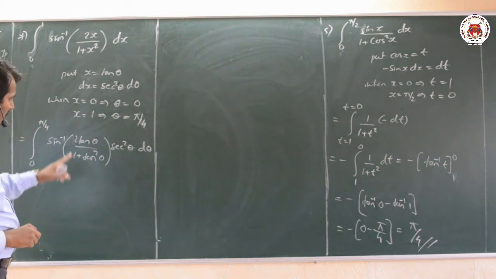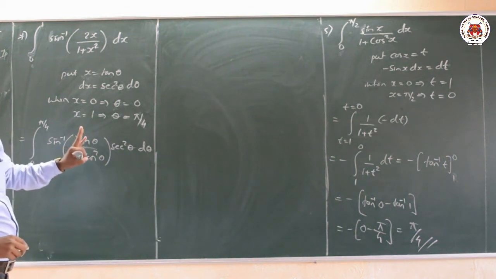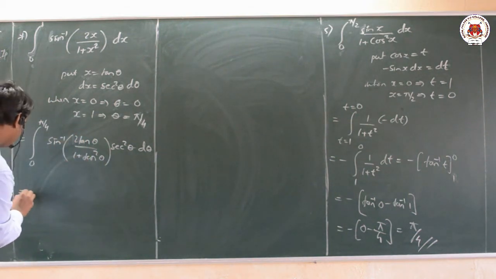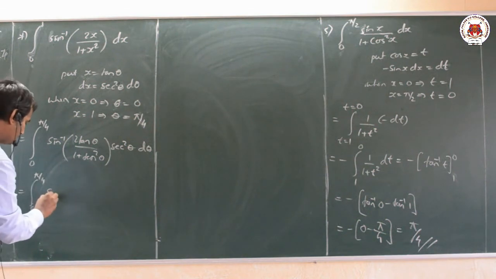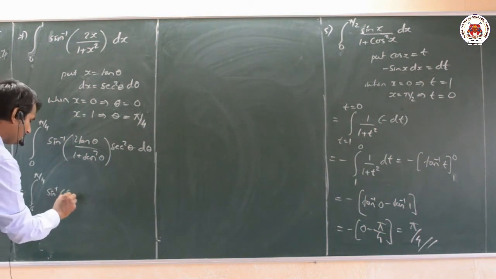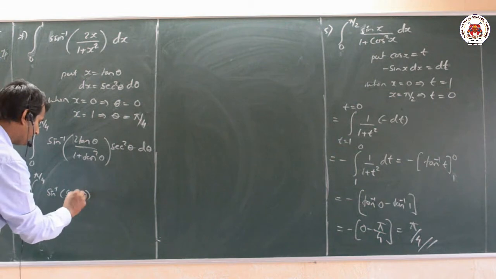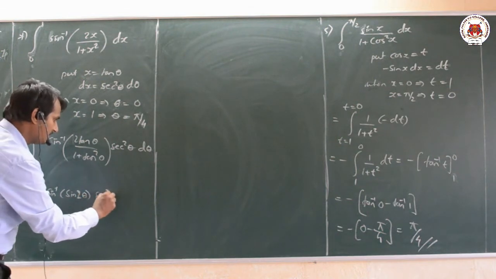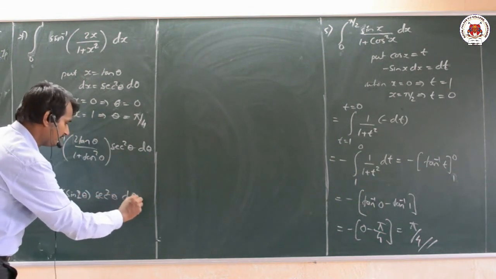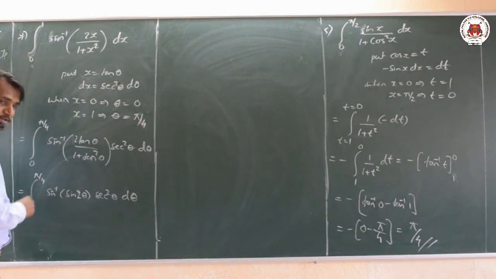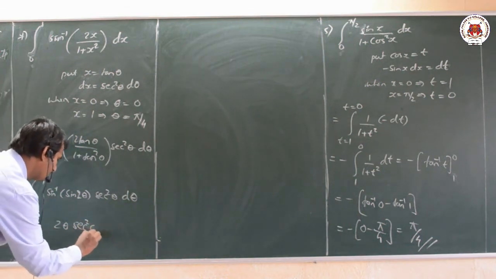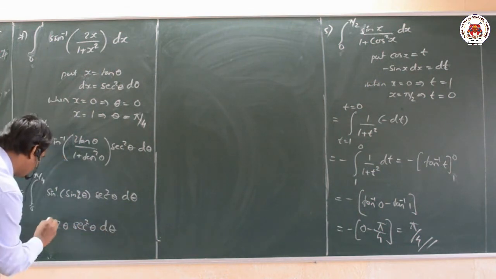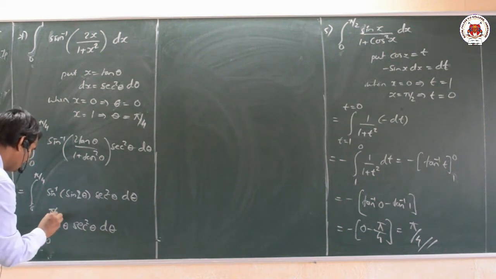Now 2 tan theta divided by 1 plus tan square theta is sin 2 theta. So that is sine inverse of sin 2 theta into secant square theta d theta. Sine inverse of sin 2 theta is 2 theta, so 2 theta into secant square theta d theta, with limits 0 to pi by 4.